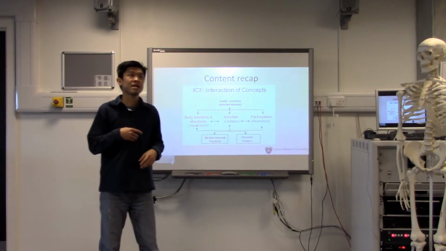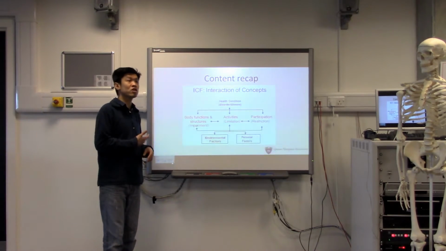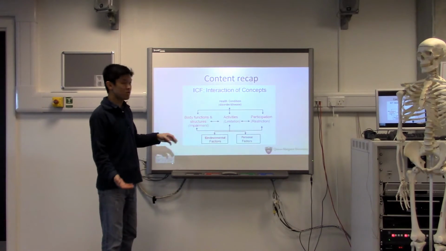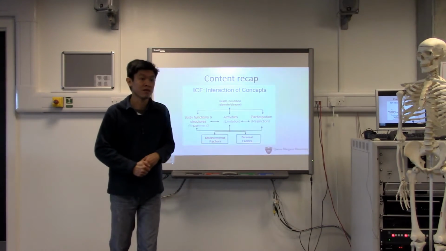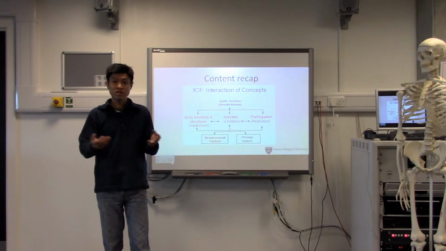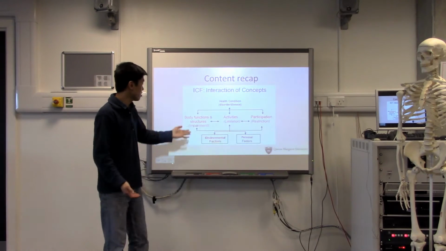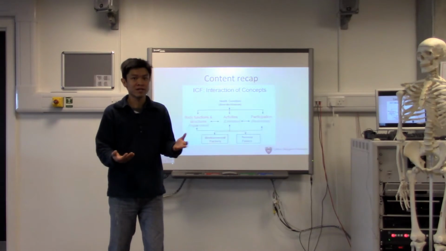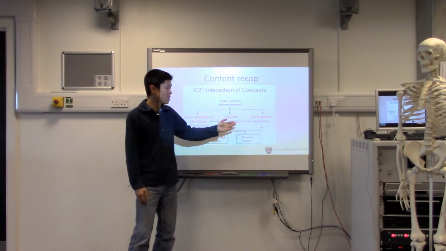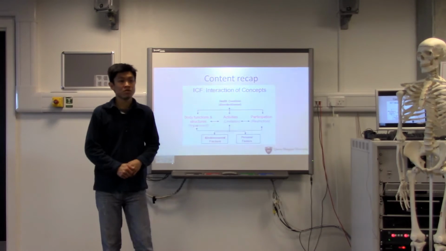Therefore, that has implications for clinicians. When you look at someone, you cannot just look at the impairments, which physiotherapists are very good at looking for. In fact, doctors and medical professionals are also very good at looking for impairments. But what we are less good at is looking at the activity limitations as well as the participation restrictions.